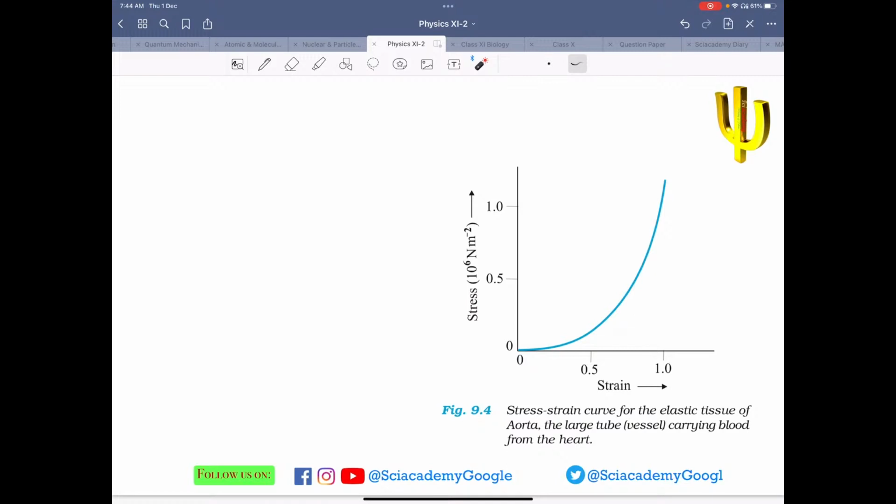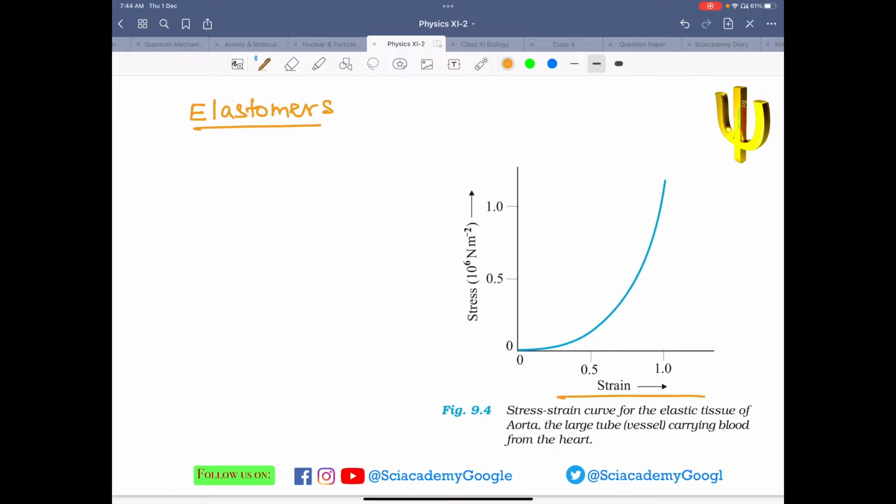Similarly, rubber also, and such type of material is known as elastomers. What is the name? Elastomers, right?